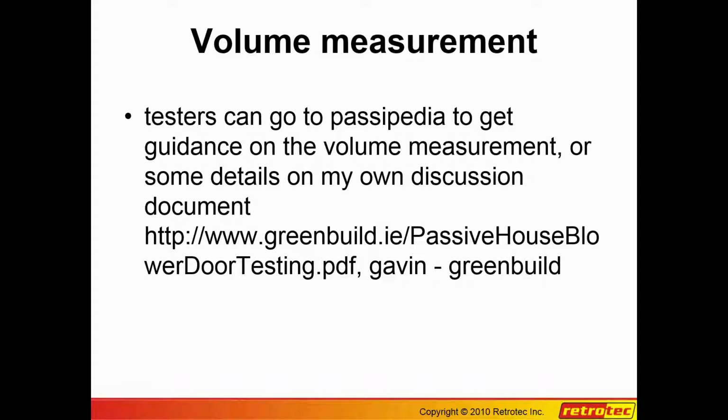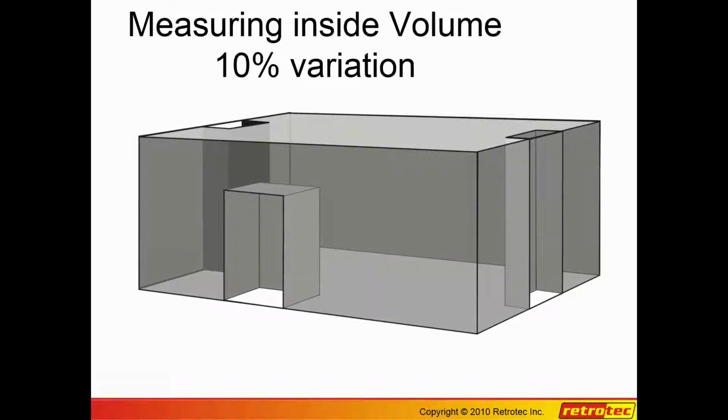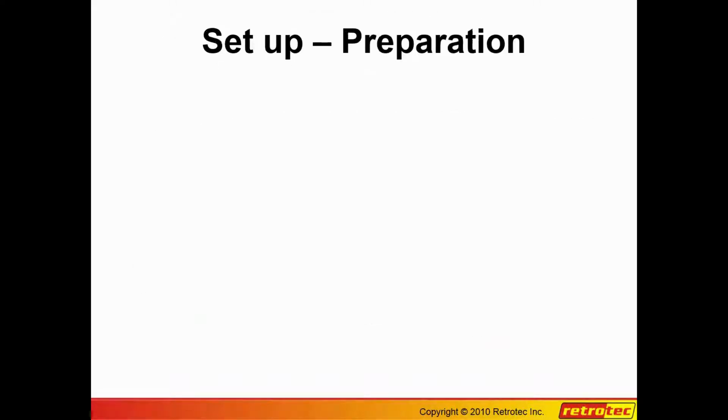Okay, so I'm going to move on. I've already mentioned the 10% variation in volume measurement. Now we're going to talk a little bit about setup and preparation. The idea of any air leakage measurement is to determine a value that will either indicate the performance of the building overall or the performance of particular components of the building.